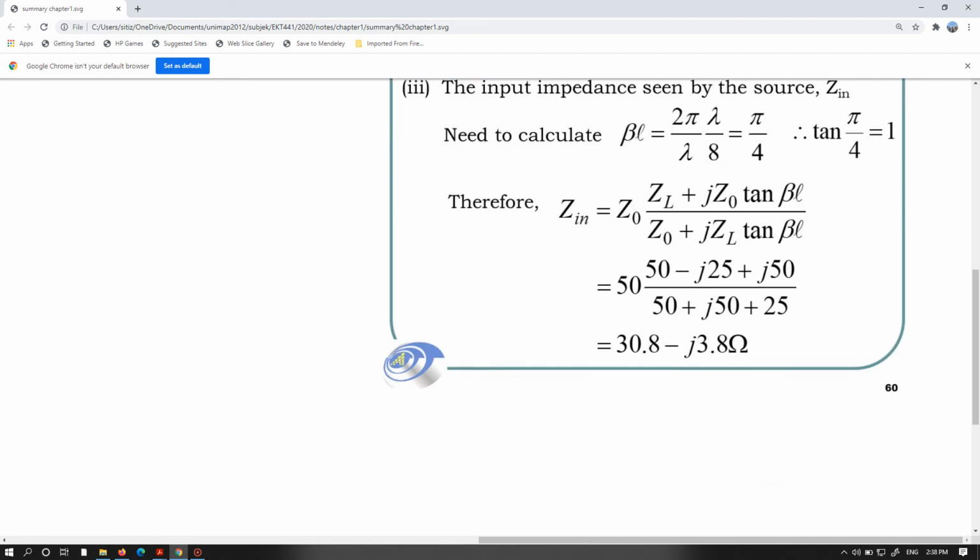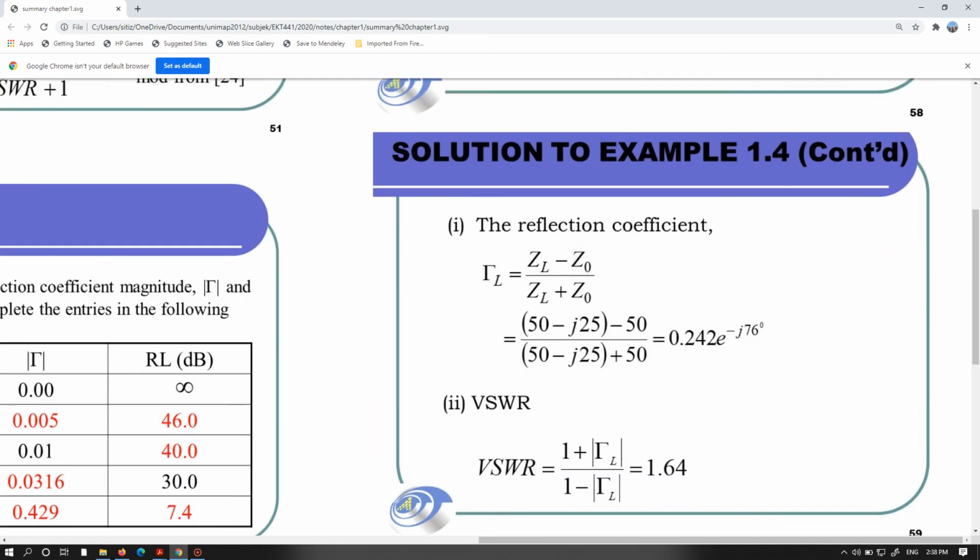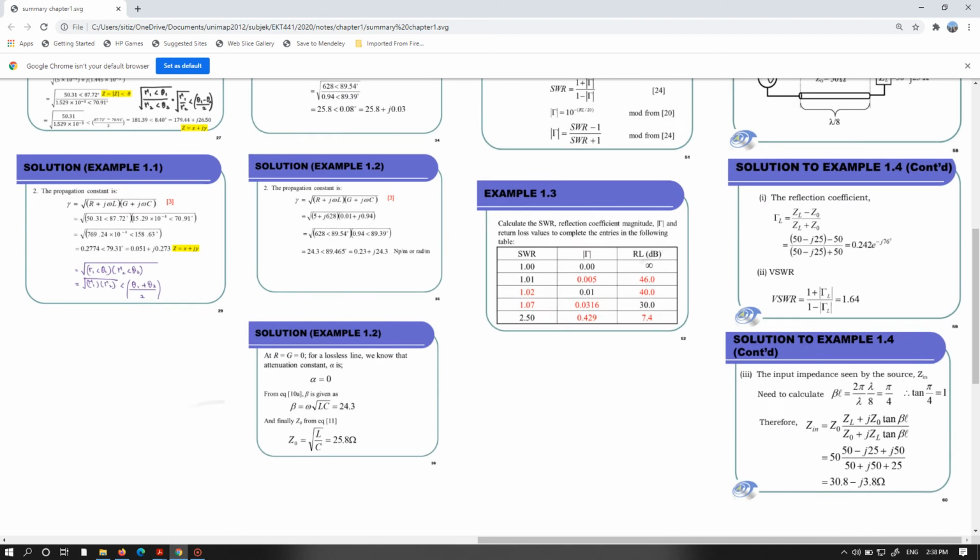And usually for Zin, just leave it in x plus jy form, Cartesian form, because impedance is usually given in terms of x and y instead of magnitude. So that's all for this chapter 1.